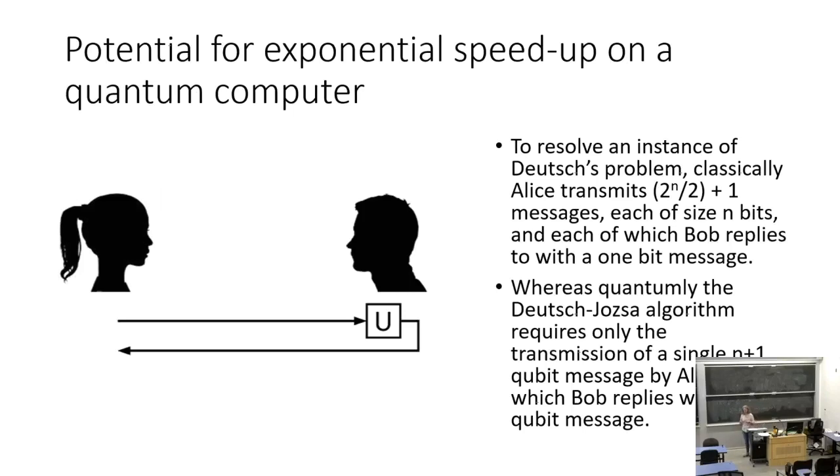To resolve an instance of Deutsch's problem classically, Alice has to transmit 2^(n/2) + 1 messages, each of a size of n bits, and each of which Bob replies to with 1 bit. But what the Deutsch-Jozsa algorithm shows us is that you only need to transmit a single n+1 qubit message to Bob, and then Bob can reply with an n qubit message. So there's an exponential reduction in the amount of information transfer required to solve an instance of Deutsch's problem using this protocol.